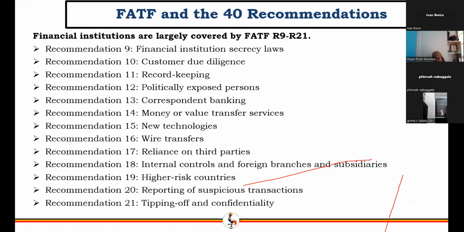So FATF is saying that every member country that subscribes to it should provide in their laws that when it comes to investigations, that right is waived.